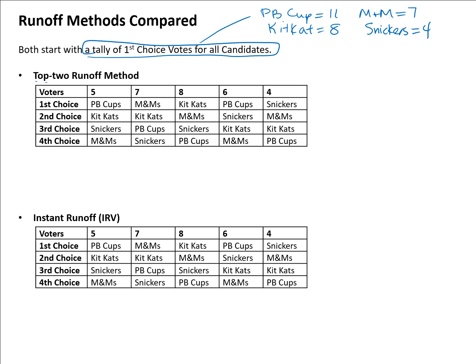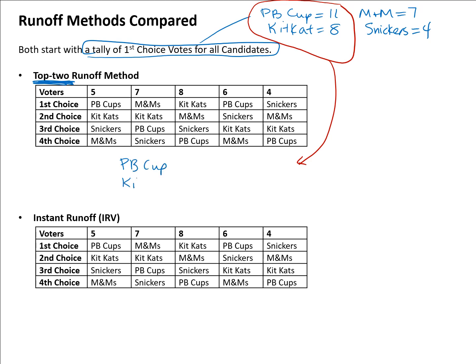What we're going to do in top 2 runoff is we look at those totals and we say to ourselves, okay, we want to take the 2 candidates that were the top 2. So what I mean by top 2 is the 2 candidates who had the most votes. Peanut butter cups and Kit Kats had the most, and we send those 2 candidates into a runoff.